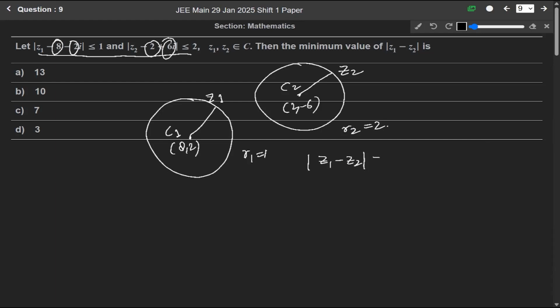So the minimum of |z1 - z2| will be C1C2 minus (r1 plus r2).